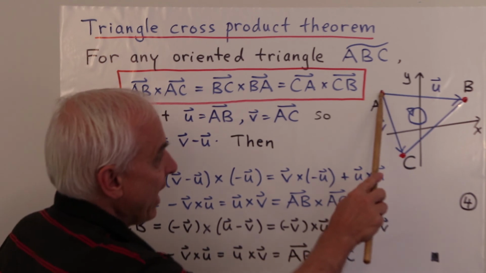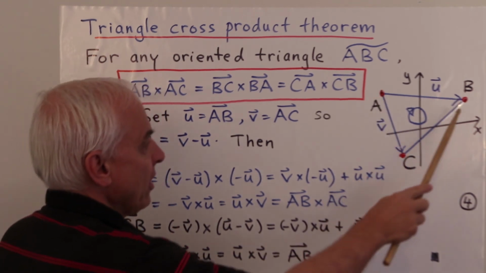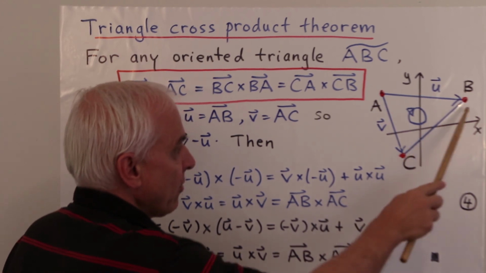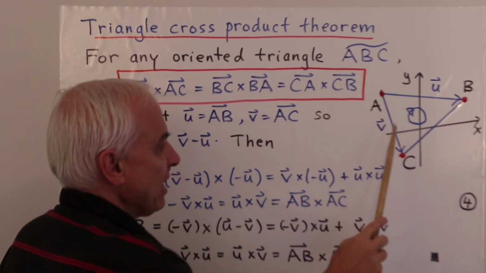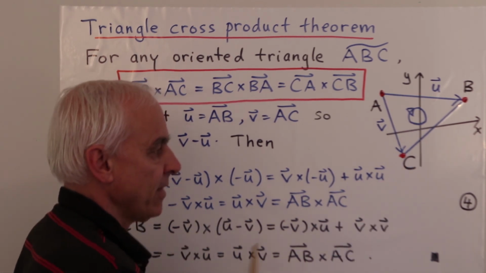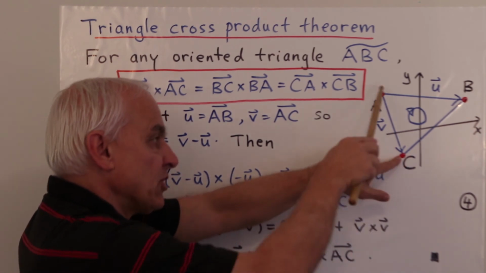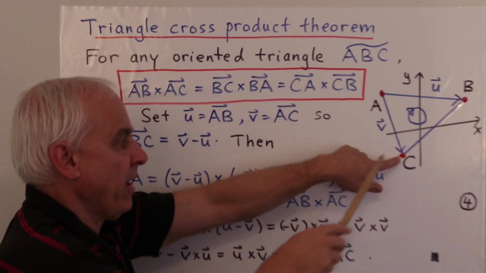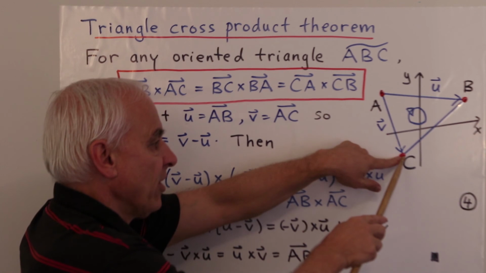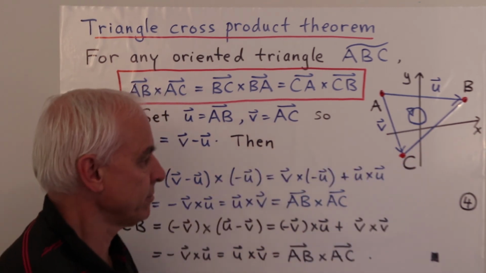Well, it's telling us that AB cross AC is the same as BC cross BA, which is the same as CA cross CB. In each case, the first vector is in the direction of the next one in the order, and the second vector is in the direction of the previous one in the order.